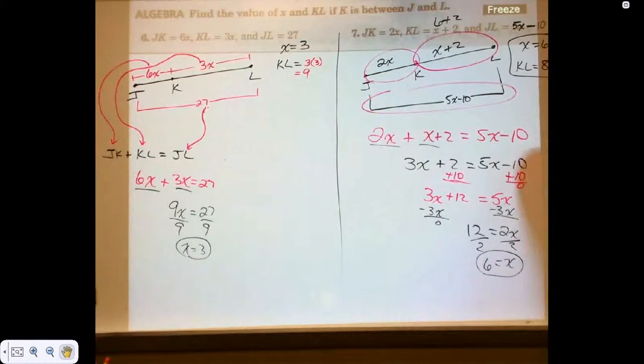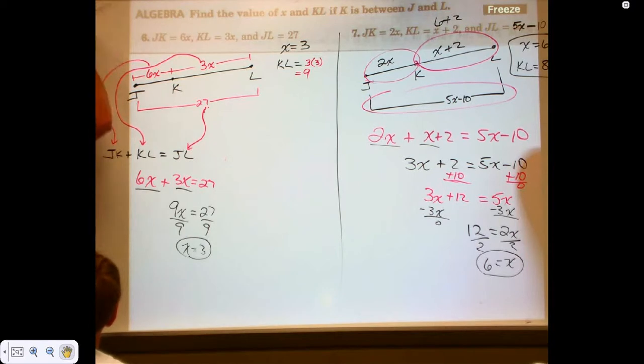Now, before you start writing this down, one other thing I want to show you. I have a segment. Does it look like I put that right there in the middle? I tried to. Does that look like it's right dab in the middle? It may look like it, but you can't assume that it is exactly in the middle, unless you see something like this.